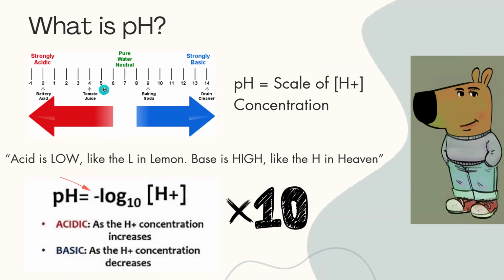So the more you go towards 0, the more protons you have, concentration-wise, and the more acidic. And like we already mentioned, the higher you go in pH, the more basic, the less concentration of protons.